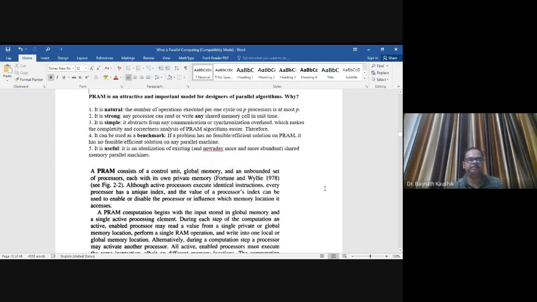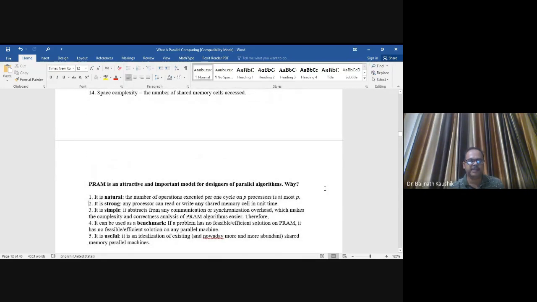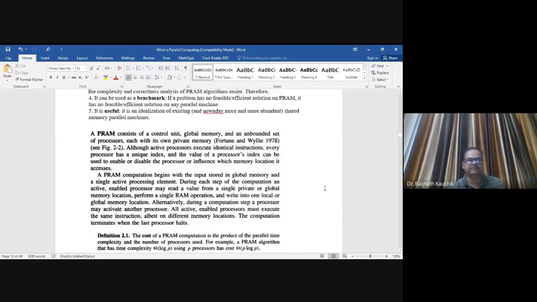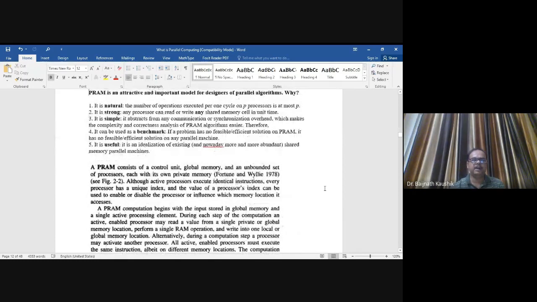Moving on, these are some of the basic features, and now it has some characteristic features. There are 5 characteristic features of the PRAM model. The first one is it is natural. The number of operations executed per one cycle on P processors is at most P. It is strong.